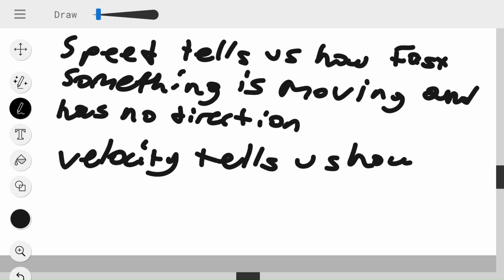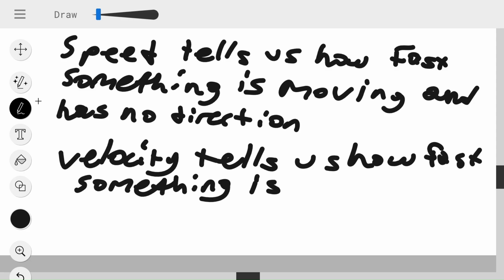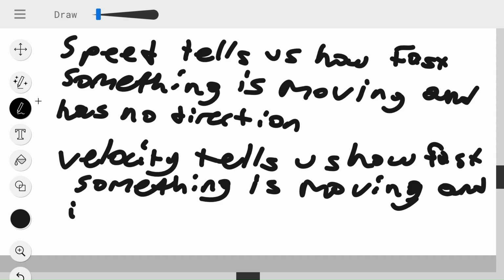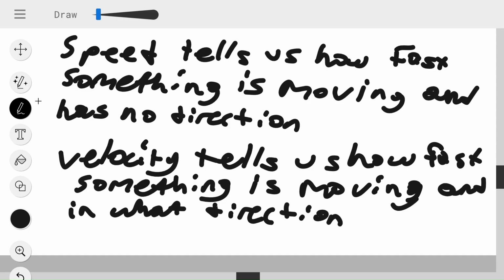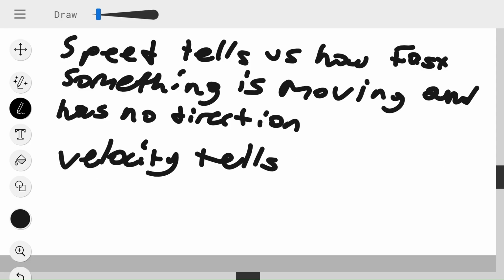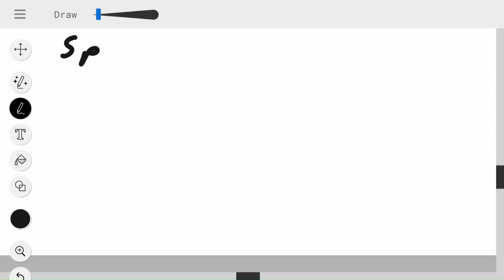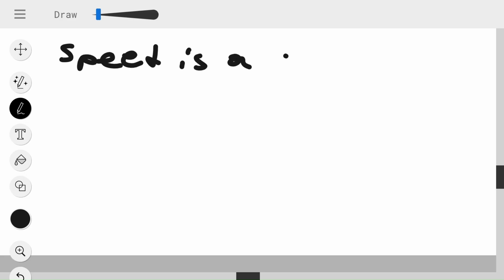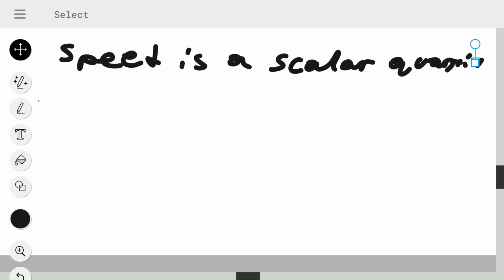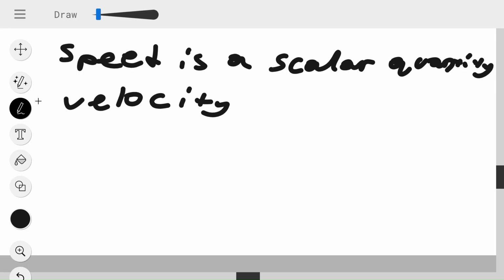So speed is a scalar quantity, while velocity is a vector quantity.